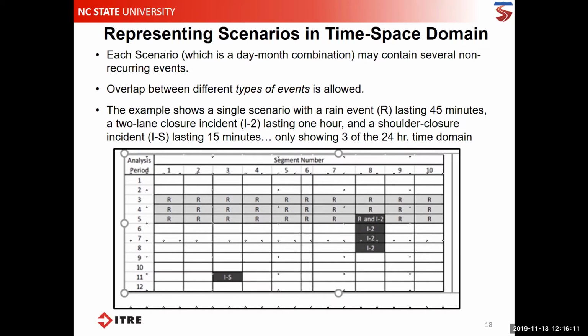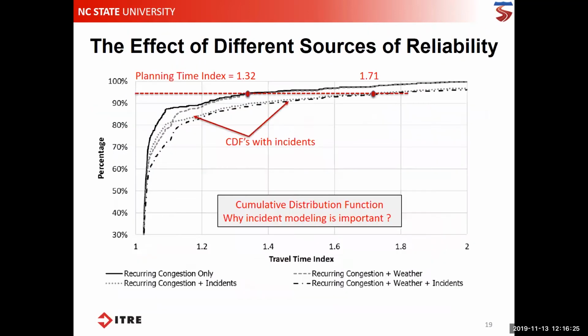And in essence, anytime we apply any of these events, they result in a change in demand or capacity or free flow speed. That's really how we generate those different scenarios. So just to give you a sense of the effect of those different events, it's so clear here.